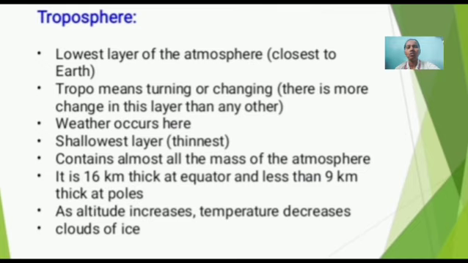It is the densest layer and holds almost all the mass of the atmosphere. Its thickness varies, about 16 kilometers at the equator but less than 9 kilometers at the poles. In this layer, as altitude increases, the temperature decreases.